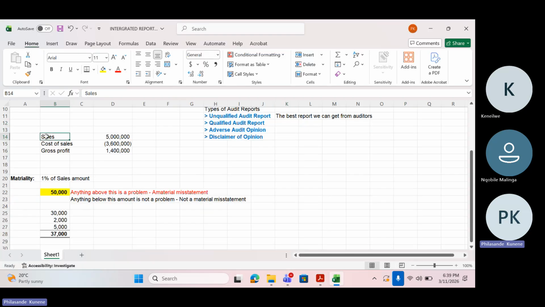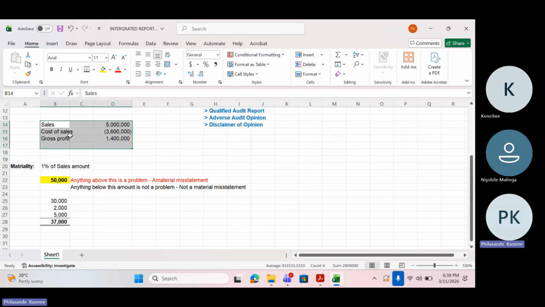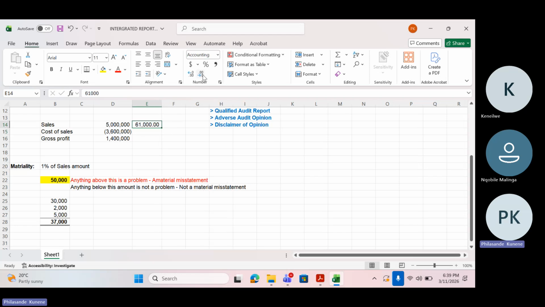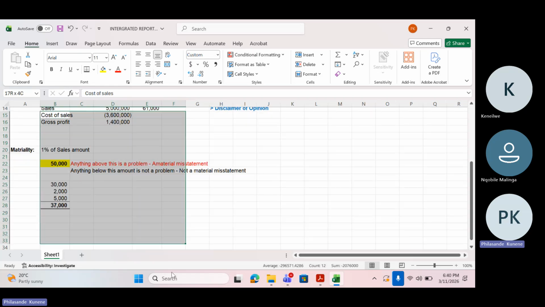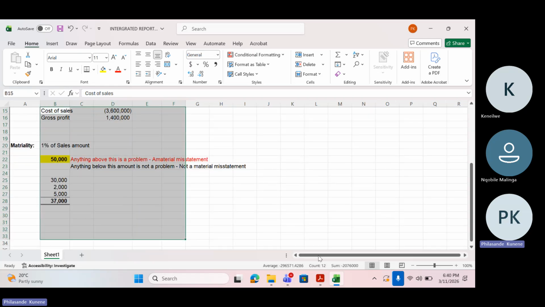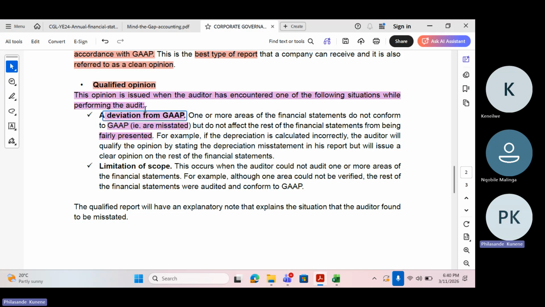For example, in the whole income statement, only the sales amount is wrong, by 61,000, but all the other amounts are correct. Then I'll give you a qualified opinion because there is one material misstatement.